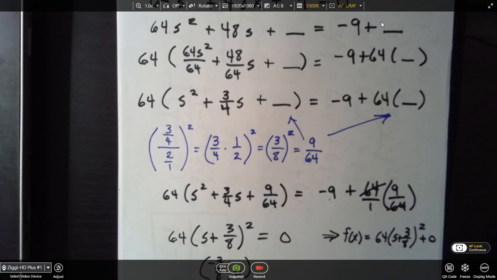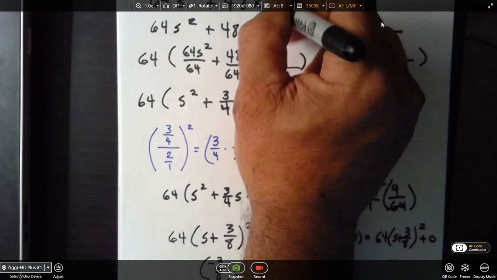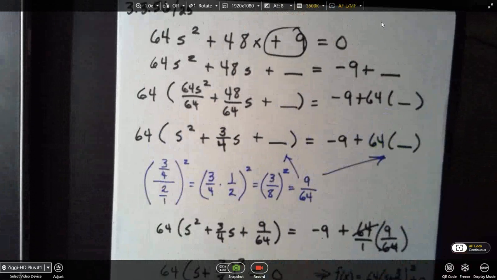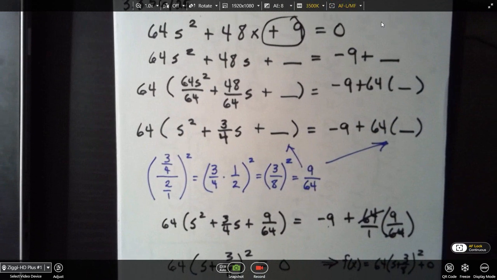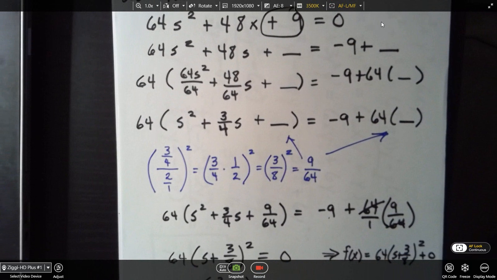That's your vertex, and your y-intercept is 9. That's your y-intercept. So I'll put 0, 9 is the y-intercept.